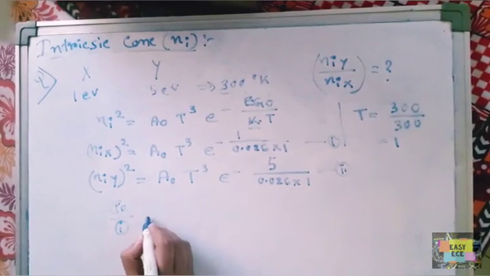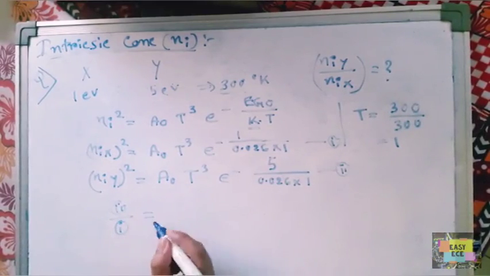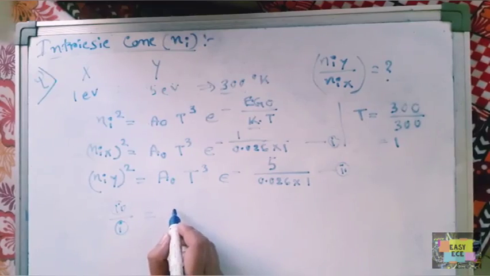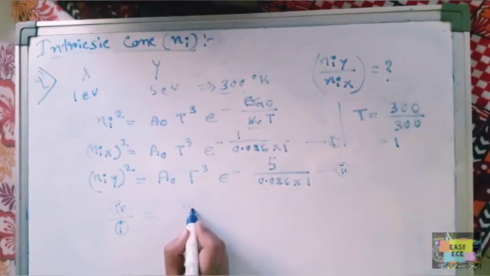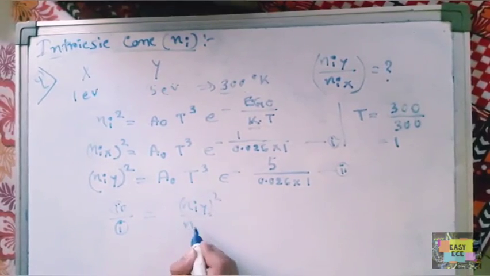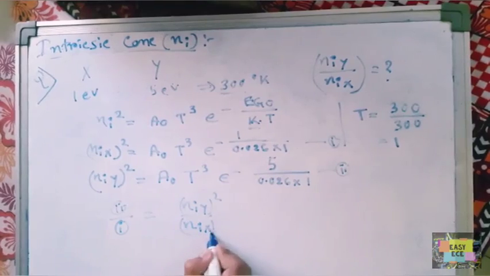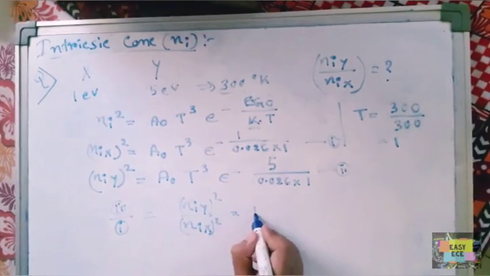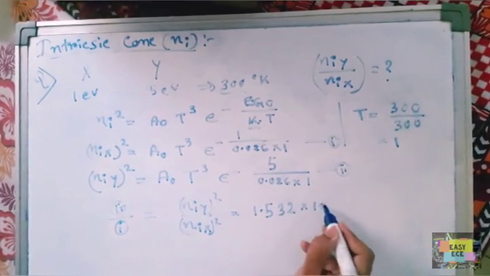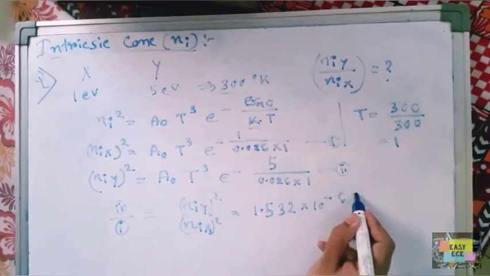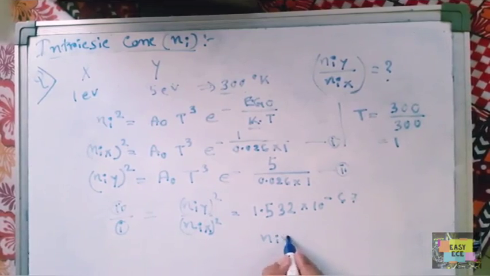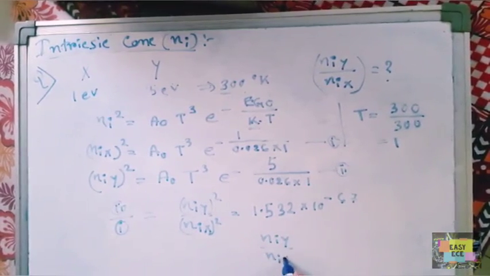We get that Ni square of Y by Ni square of X equals 1.532 × 10^-67. So what is the answer? The answer is Ni of Y by Ni of X, this is the ratio.